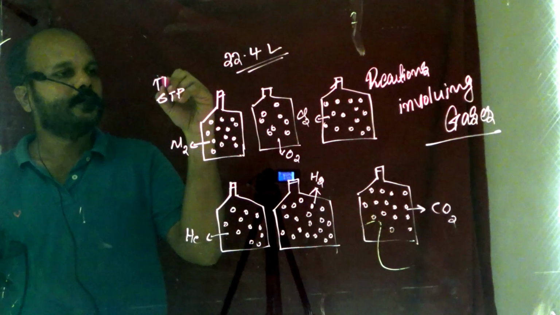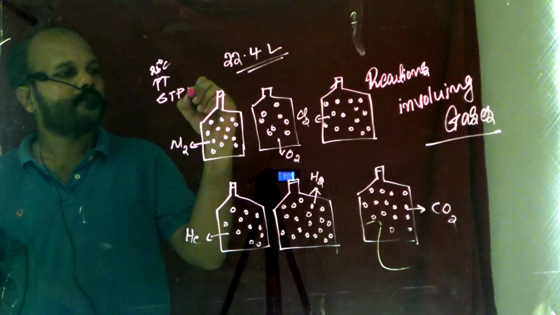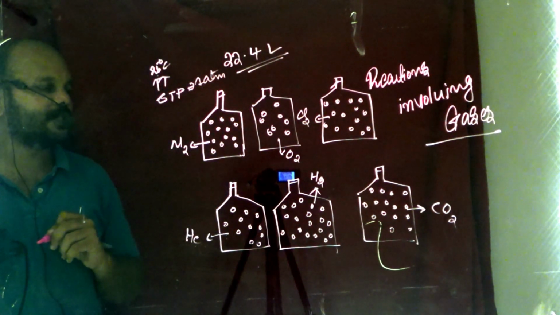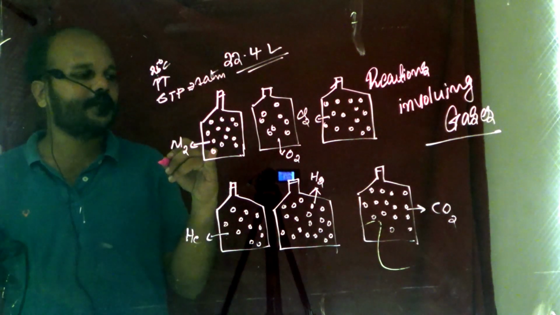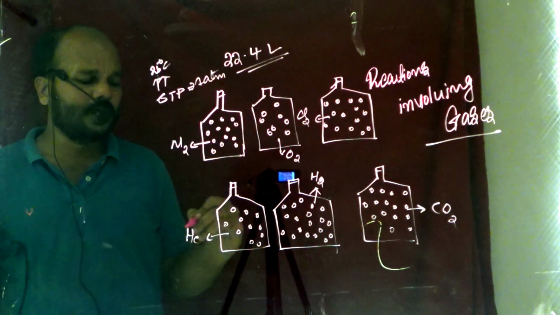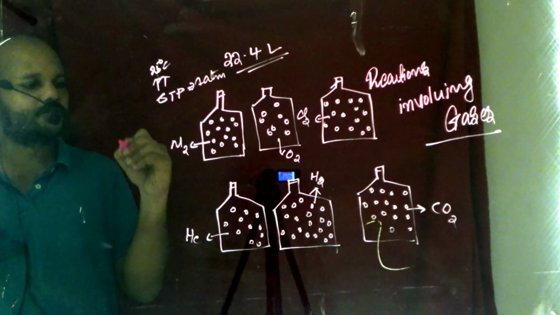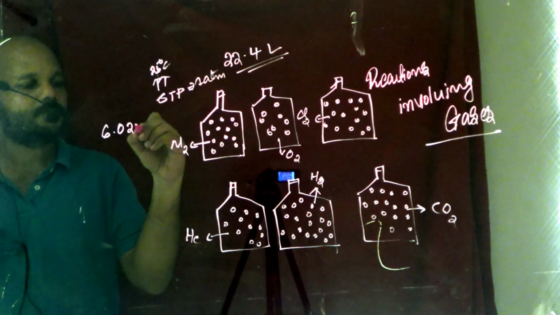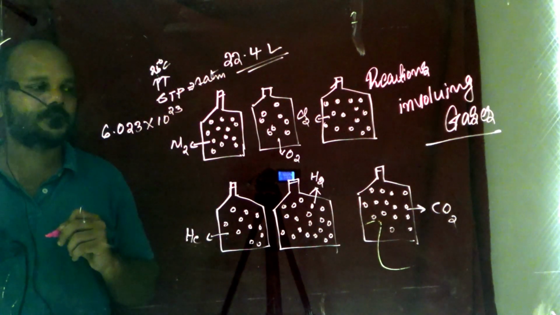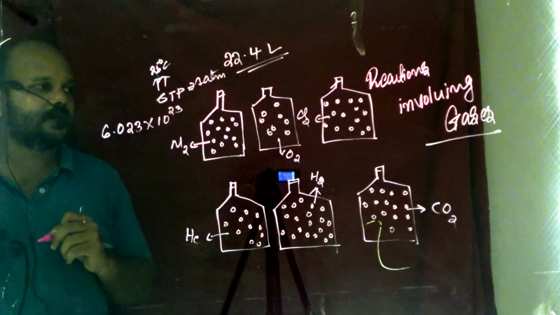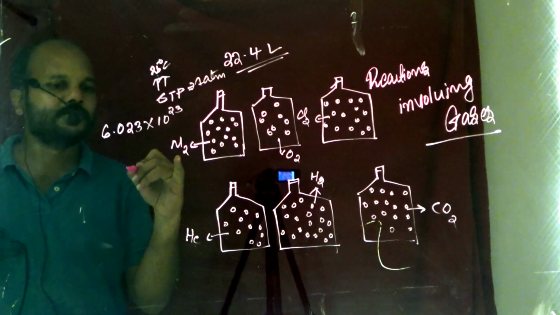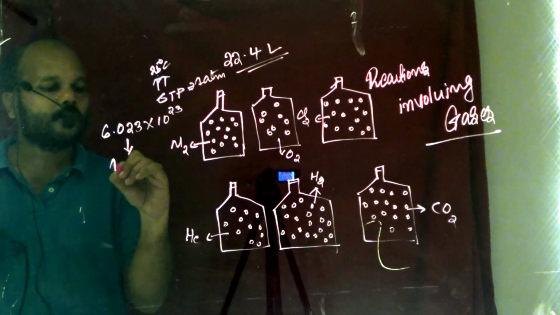All of these are maintained at the standard temperature and pressure: the same temperature, 25 degrees Celsius, and 1 atmospheric pressure. If you measure the number of particles in all of these, it is going to be 6.023 into 10 raised to 23 particles. And the mass is exactly 1 mole.